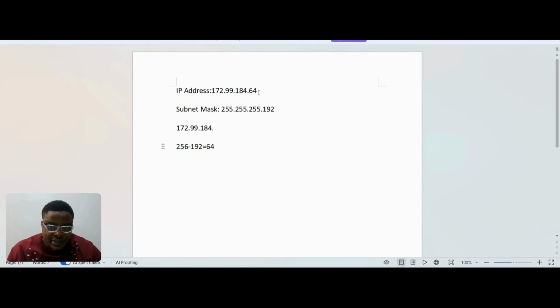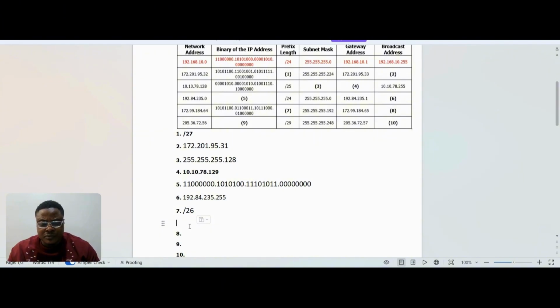Assuming the number were greater, I would add an extra 64 plus 64 and then minus 1, but since it's not like that, I'll just minus 1, which is 63. The host is 63. That's number 8.